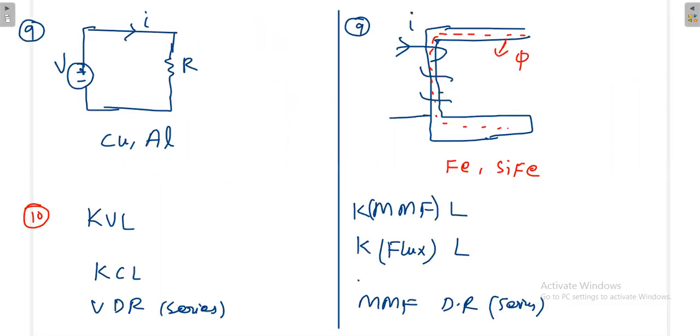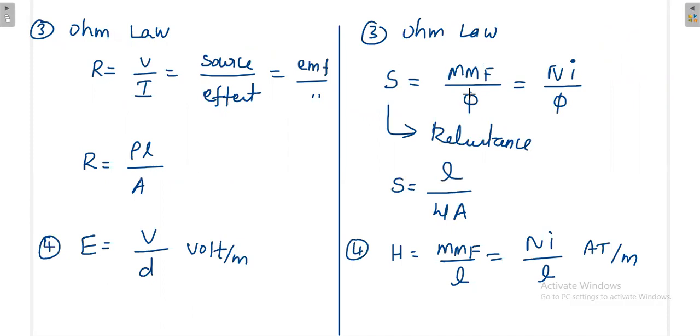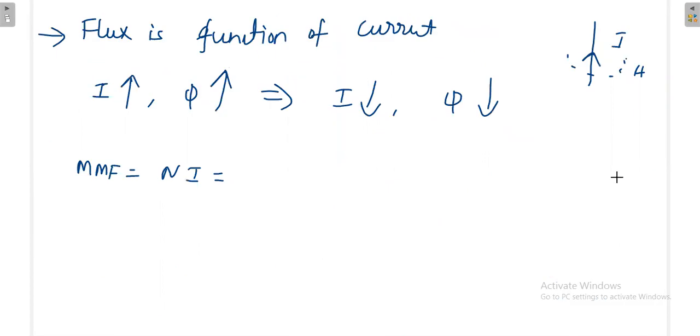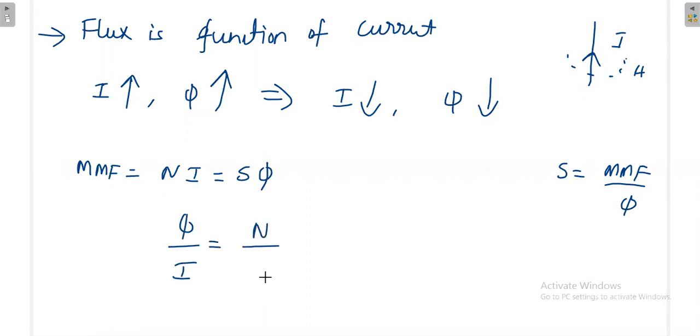Please note down this formula: S is equal to MMF divided by phi. So MMF is S times phi, so Ni is equal to S into phi. Then phi divided by I can be written as N divided by S. This is my source, and this is my effect. Once I provide some current, I will get the flux.